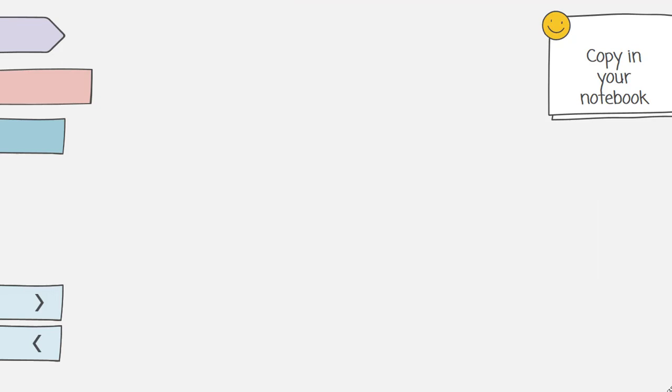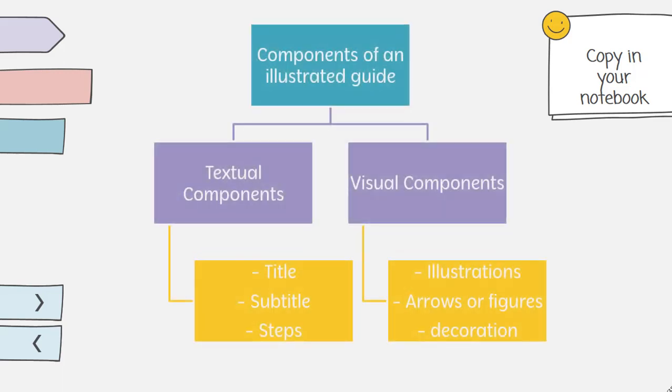Now, esto sí te lo voy a pedir, copy in your notebook, please. Copy in your notebook, okay? So, the components of an illustrated guide are textual components and visual components, alright? So in textual components we have title, the subtitles, and the steps, okay?